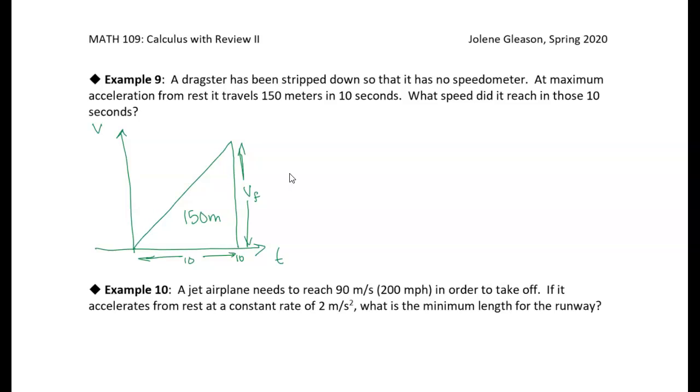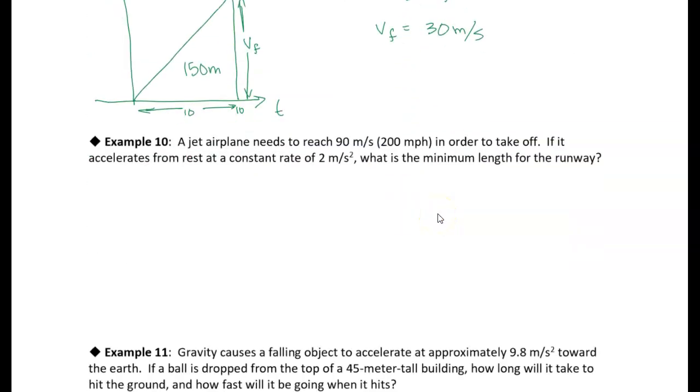Again, the area of this triangle is going to be the distance, so the area is 150, and the area is equal to 1/2 base times the height. In this case, it's the height that's unknown. It's our v final, and that's what we want to find. So we can just rearrange this equation, and we find that the final velocity is 30 meters per second. Ta-da! So much easier than physics.